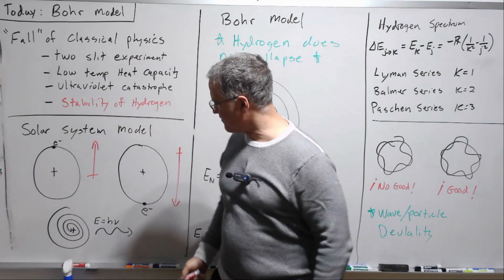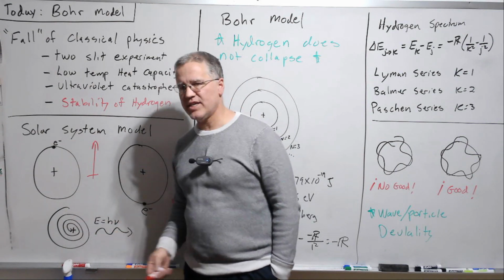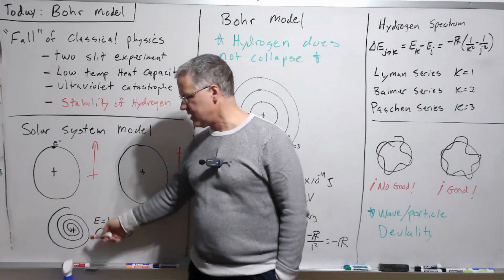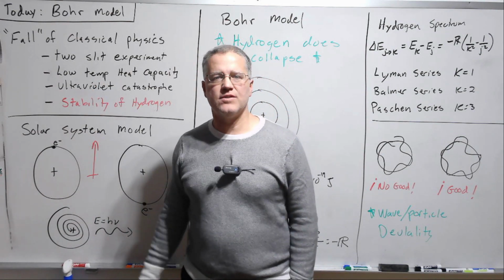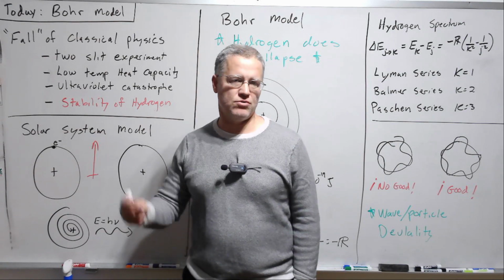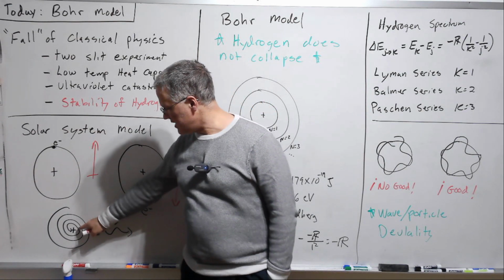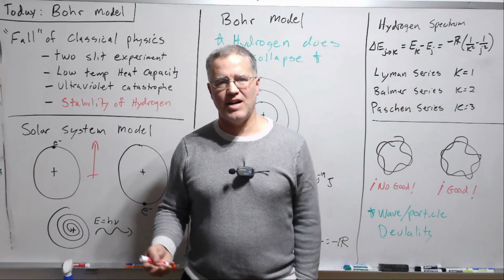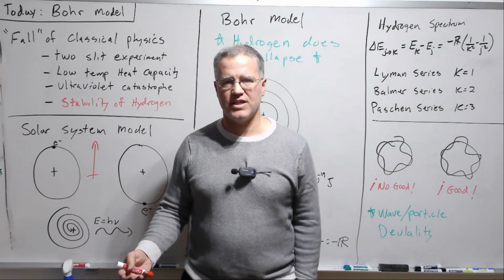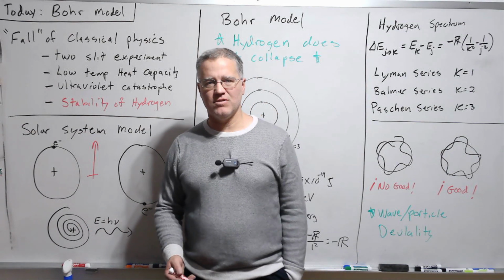Well, it turns out when you run the numbers, and we won't actually run the numbers, but when we actually calculate this, one discovers that this happens exceedingly rapidly. So shortly after the Big Bang, hydrogen forms. Shortly after that, the electron would collapse to the nucleus. We wouldn't have hydrogen as we know it. We wouldn't have molecules as we know it, and we wouldn't be talking about why hydrogen is stable.